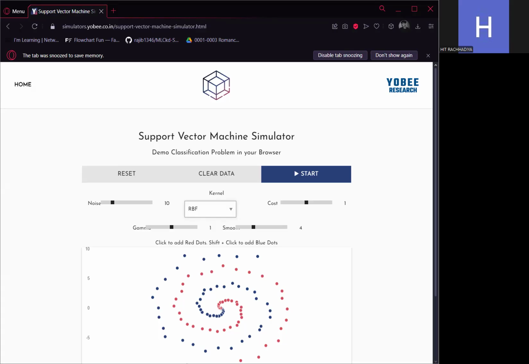When the gamma value is high, each data point has a small radius of influence, and it produces a very complex decision boundary, potentially overfitting to noise. So in short, gamma determines the flexibility of the decision boundary in non-linear transformation.